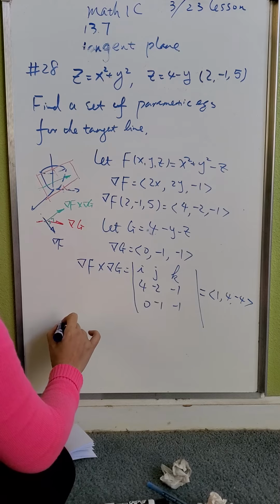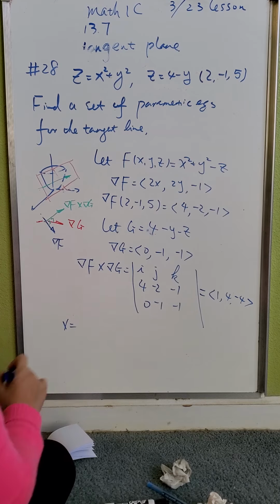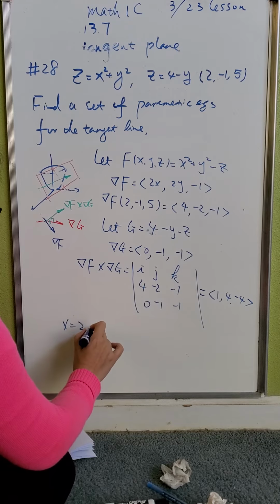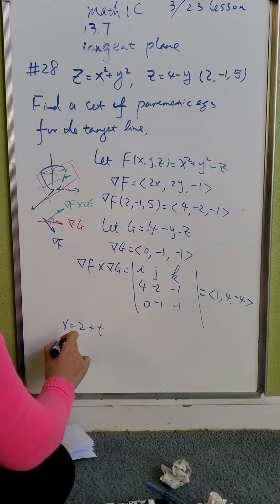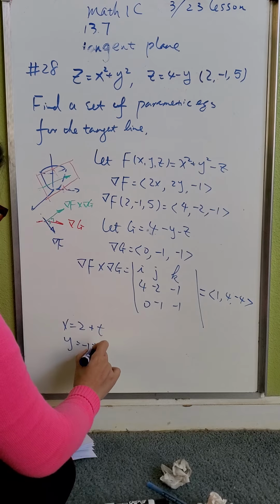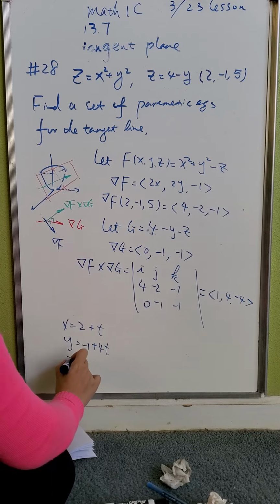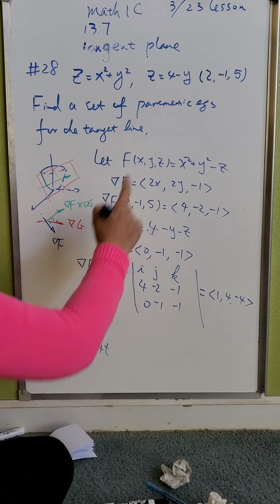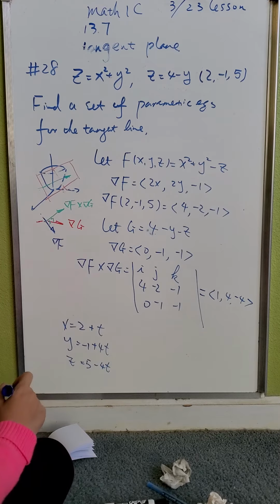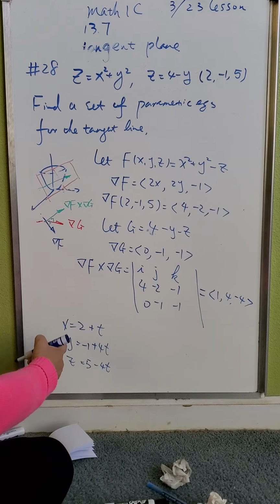So the parametric equations are x equals 2 plus t, y equals -1 plus 4t, and z equals 5 minus 4t. That's for this format.